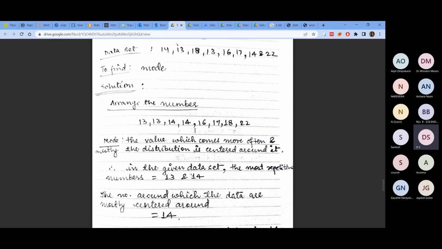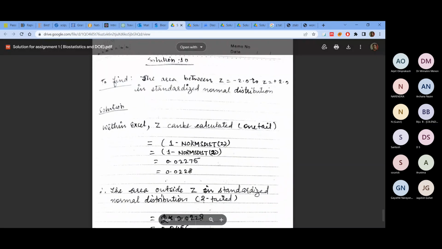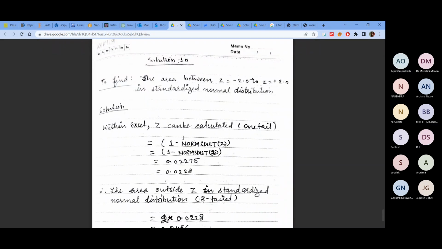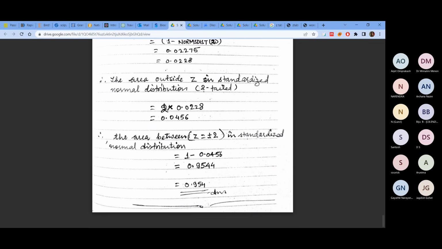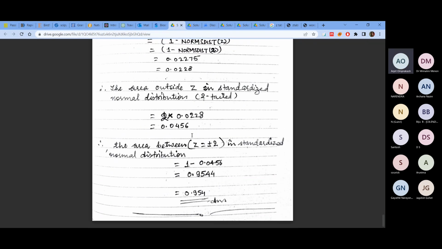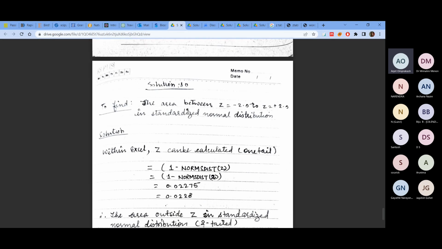Sir, and the solution 10, if you could explain. Same assignment, Assignment 1. You just need to see the table values and do it. Otherwise, you can just remember the area between -2 and +2 is the area of 95%.